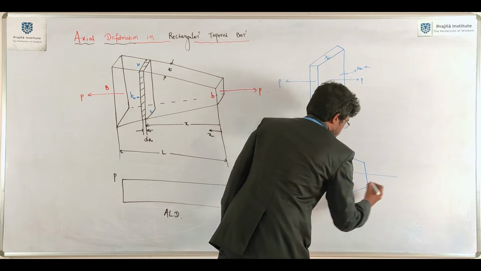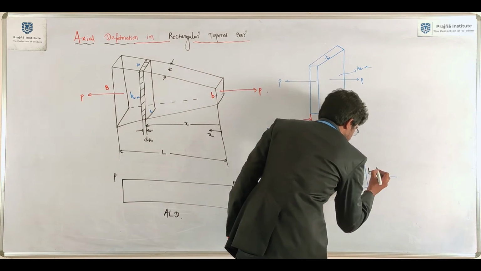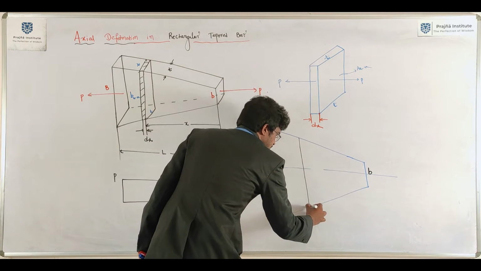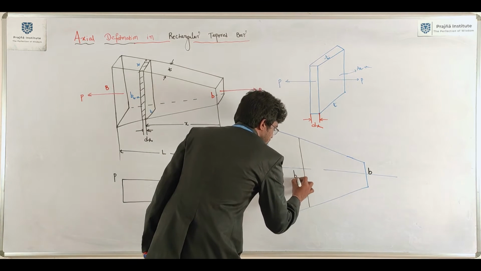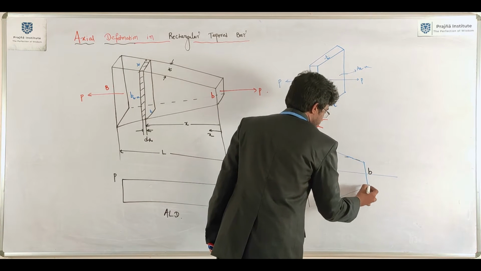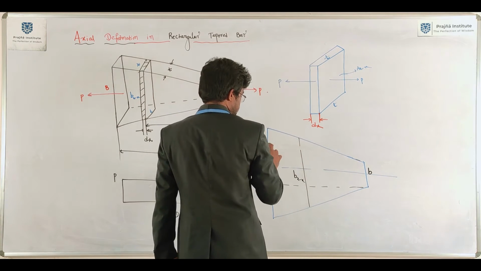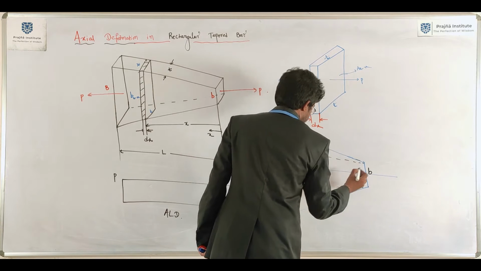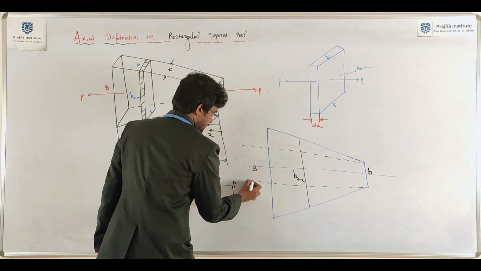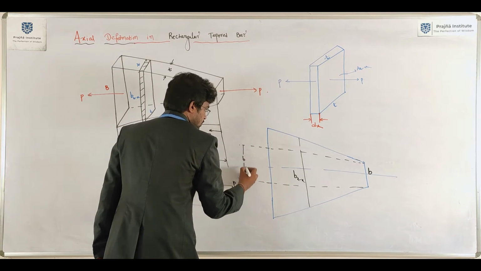From here to here, it is B, of course. It is capital B. From here to here, bx. Total is bx. Okay, from here to here, it will be B. Total is capital B, small b.